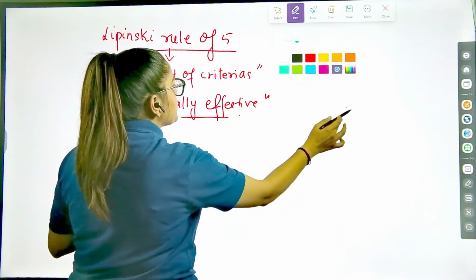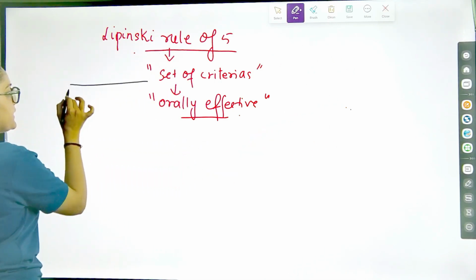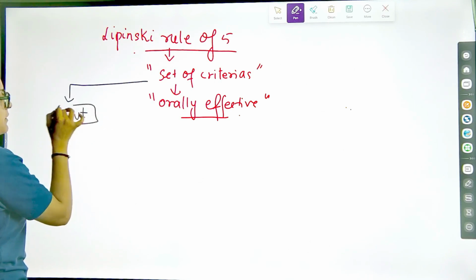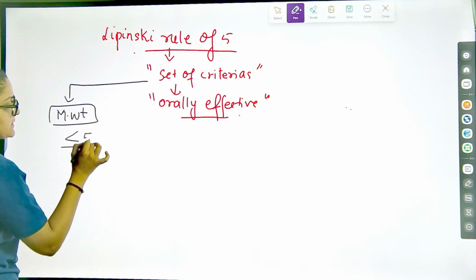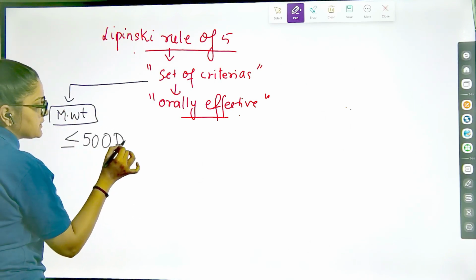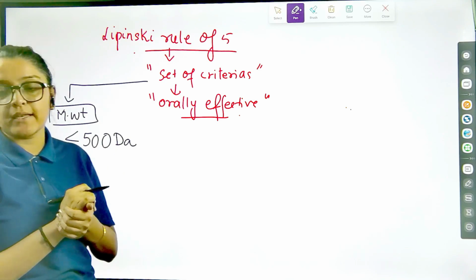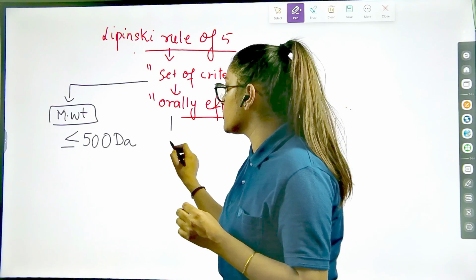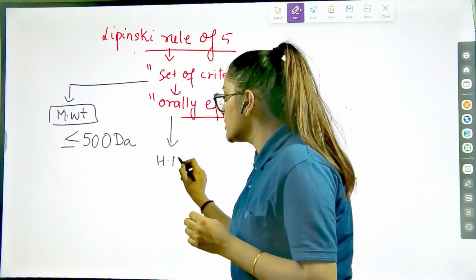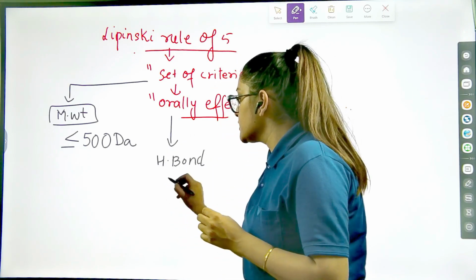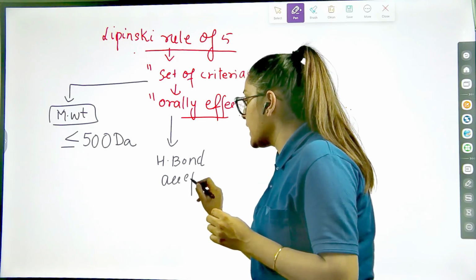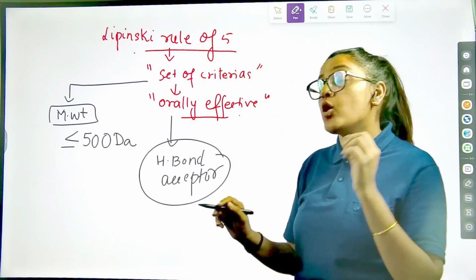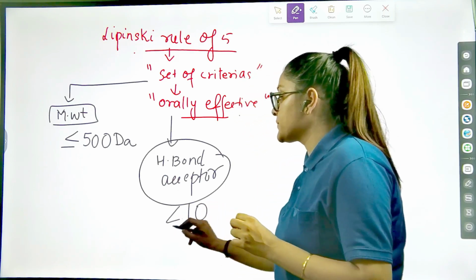So first things first, we have criterion number one, the molecular weight. The molecular weight of the drug compound must be less than or equal to 500 Dalton. It must be less than or equal to 500 Dalton. Second is the number of hydrogen bond acceptors. In the structure, the hydrogen bond acceptors must be less than or equal to 10, right?